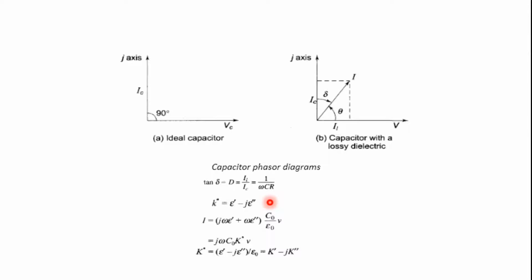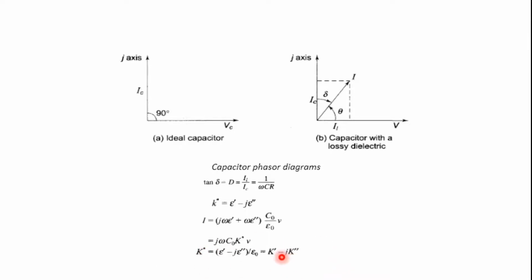Hence it is customary to account for the existence of loss current in addition to the charging current by introducing a complex permittivity, that is k equal to epsilon dash minus j epsilon double dash, so that the current is given by I equal to j omega epsilon dash minus epsilon double dash, E naught by epsilon v. So this is the resulting value.